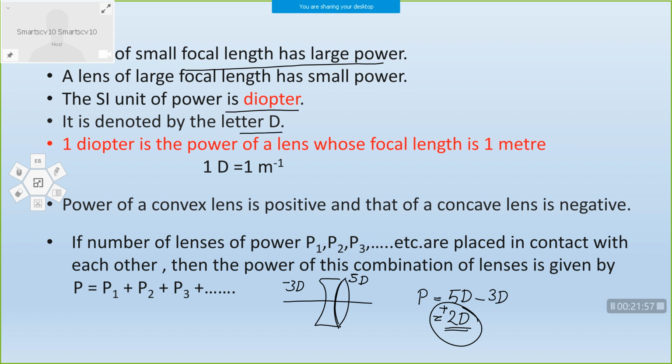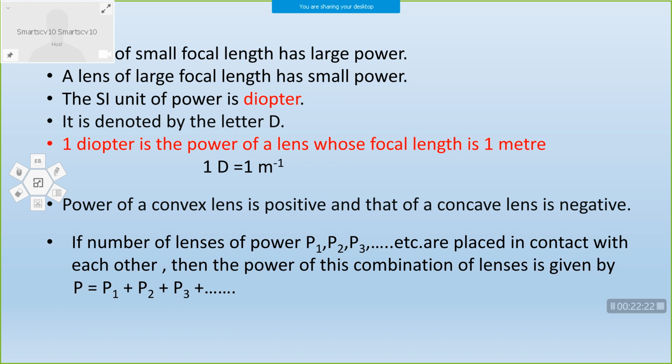It is represented by D. So what is 1 diopter? 1 diopter is 1 meter inverse. Convex lens has positive power and concave lens has negative power. And when you combine a number of lenses, the effective power is equal to the sum of the individual powers. So next we will do some numericals based on this.